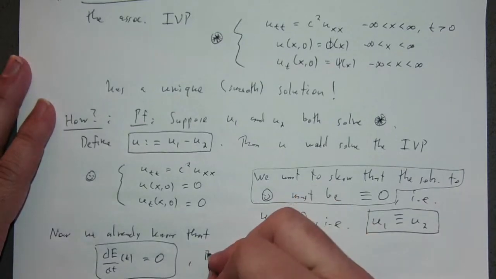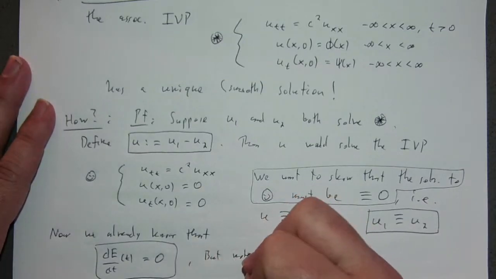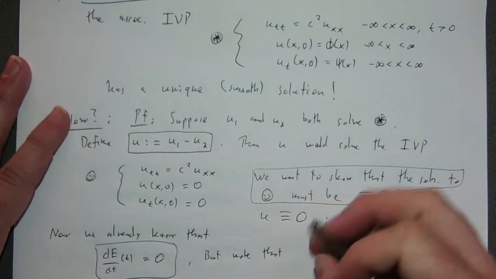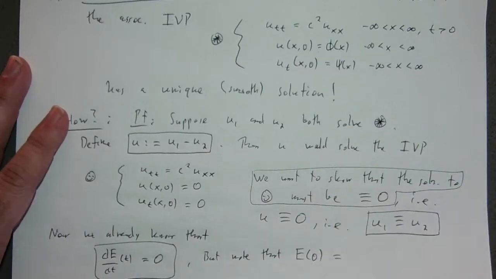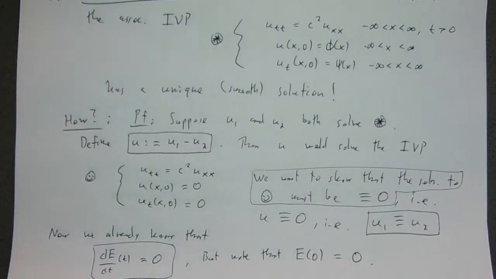But note that E of 0 is also equal to 0. Well, what is E of 0?